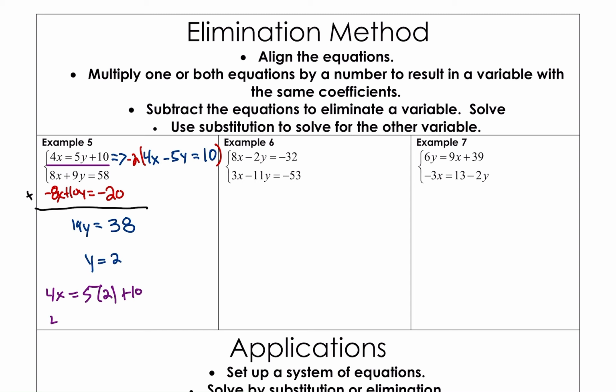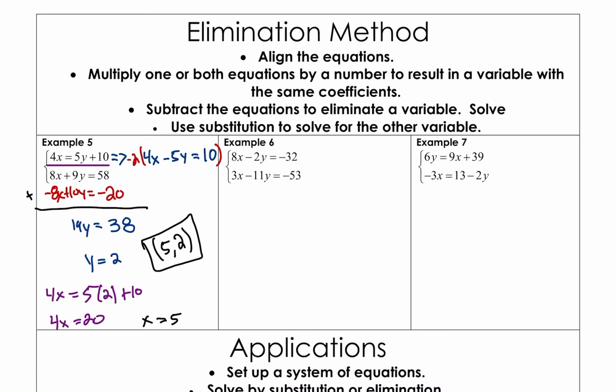So that's going to look like 4x equals 20. And then if I divide both sides by 4, I get x is equal to 5. Okay, so now for my answer, I need to write this as an ordered pair, x first, so 5, comma 2. And that would be how I solve this using the elimination method.